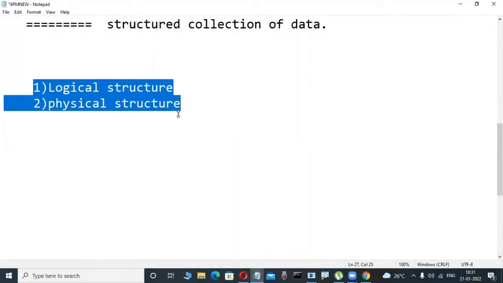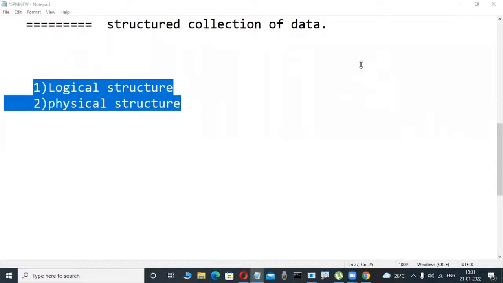Anybody have an idea? It is easy, not difficult. What is logical structure? What is physical structure? Some are telling logical structure means logical structure, physical structure means physical structure only.